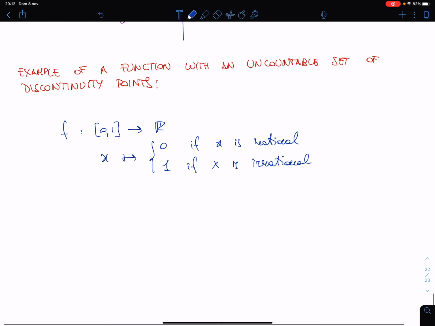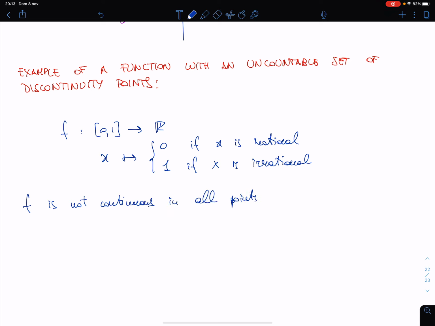So f is discontinuous, so it's not continuous in all points of the interval 0, 1. And I ask you to prove it. Now you must be able to do that. It is quite easy to prove it. This f is called Dirichlet.